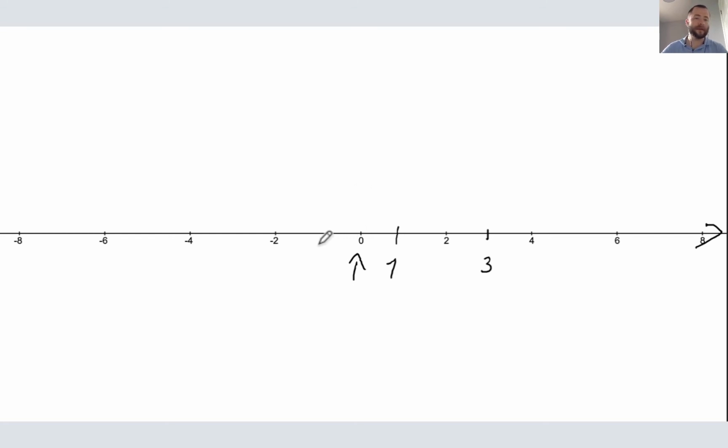And in a similar way, anything to the left of 0 on the number line is going to be negative. So to the right we have positive numbers, to the left we have negative numbers. We can flip it around and have positive to the left and negative to the right, but the most common agreement is what we're seeing over here.